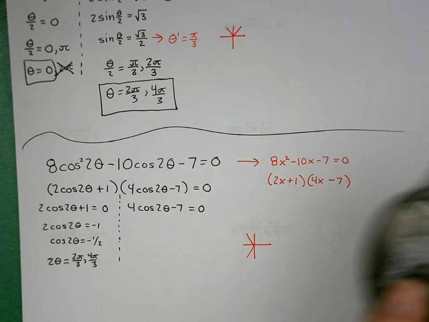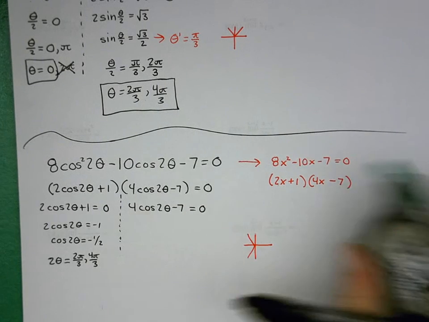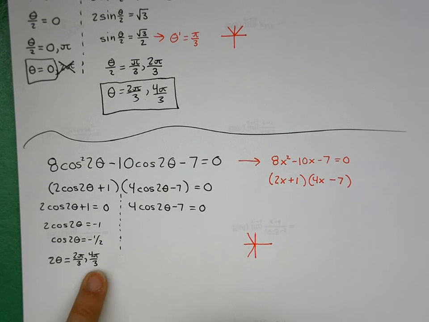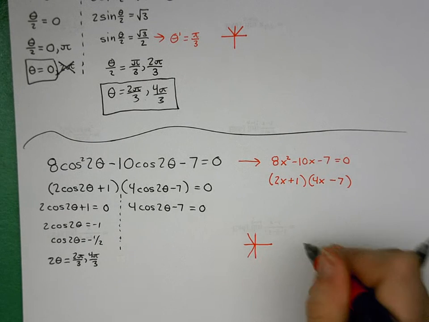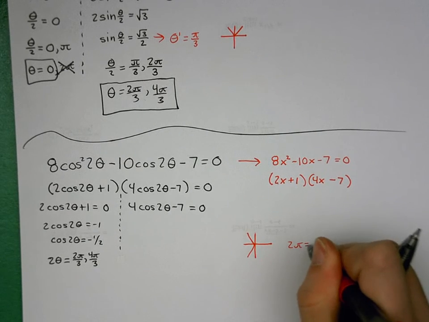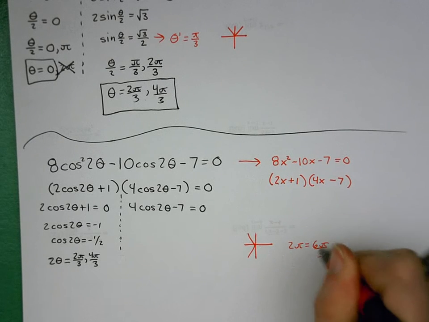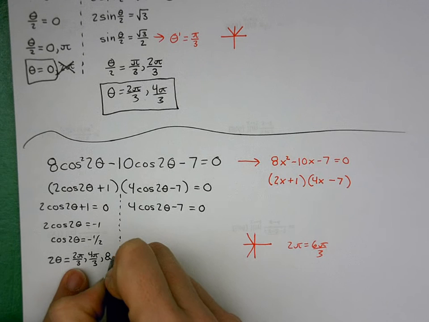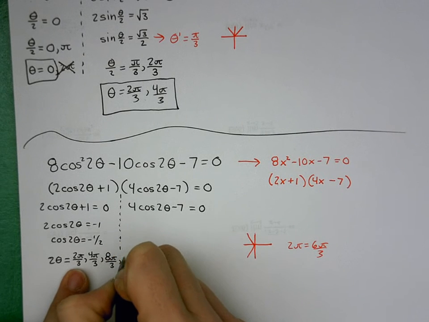Then we need to repeat that process because this one is rotating twice as quickly, so we're adding 2 pi to each of these. With a denominator of 3, that means we're adding 6 pi over 3, since 2 pi would be 6 pi over 3. So this would become 6 pi over 3, 8 pi over 3, and 10 pi over 3.